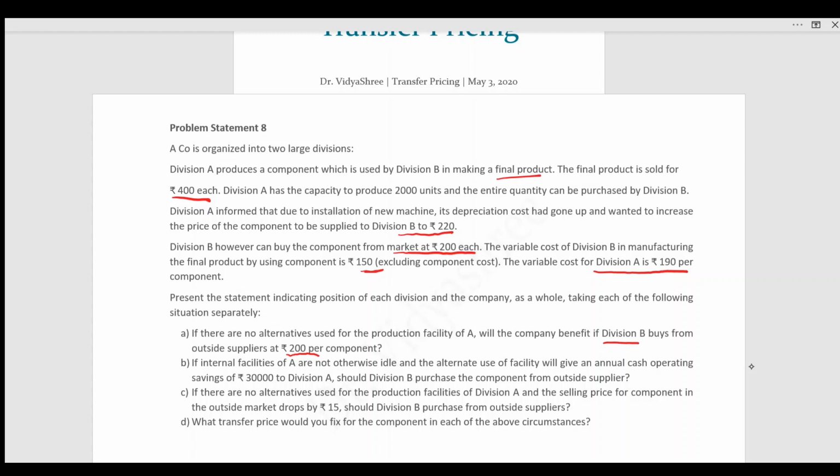The same thing is said here. So if Division B is getting the same kind of component from the market at rupees 200, will the whole company make a profit? Here we have to calculate the profit statement in two situations. If Division B buys from Division A, this is one situation.